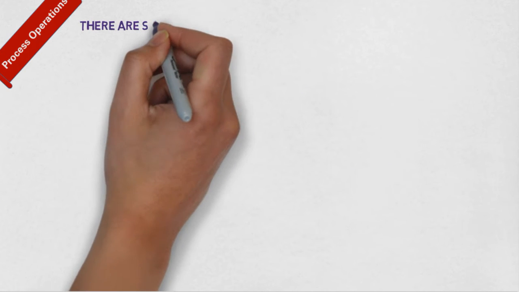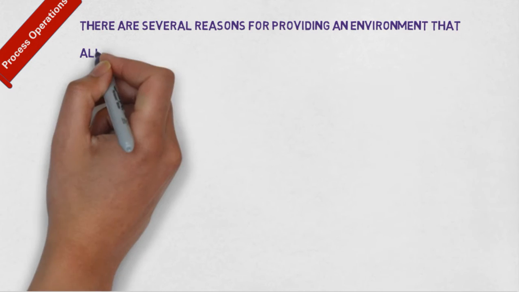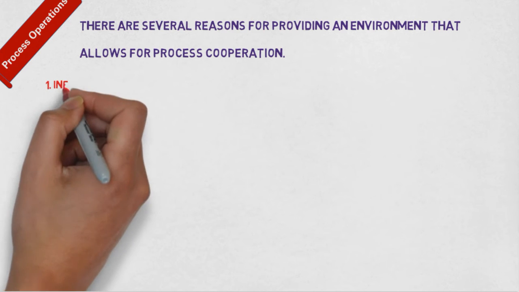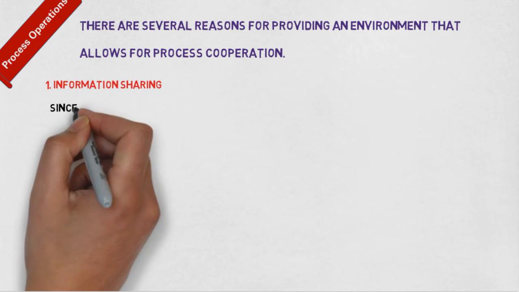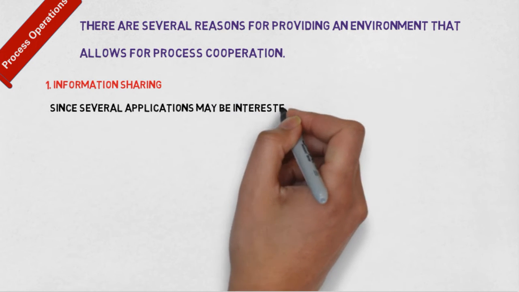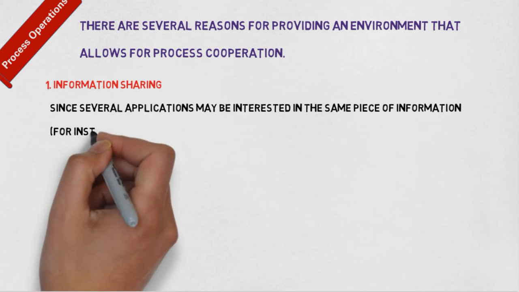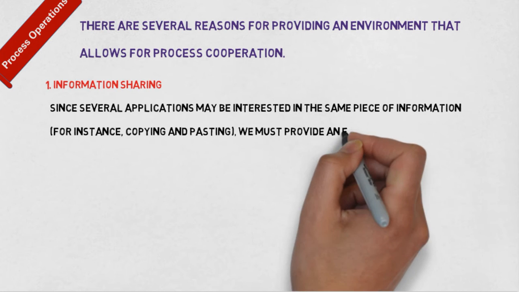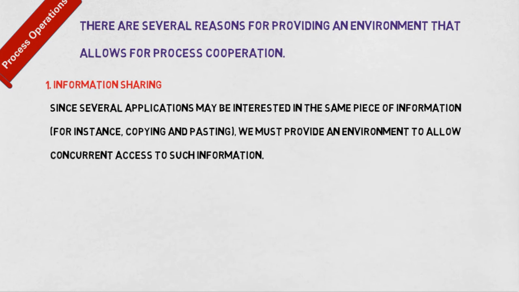There are several reasons for providing an environment that allows for process cooperation. First one is information sharing. Since several applications may be interested in the same piece of information, for instance, copying and pasting, we must provide an environment to allow concurrent access to such information.